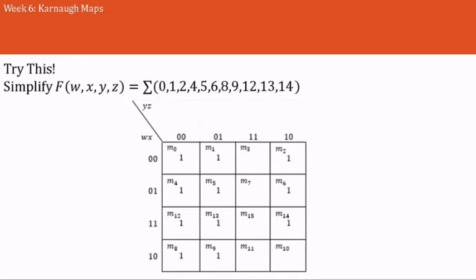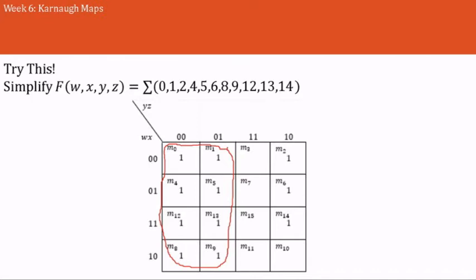Looking at our Karnaugh map, do we have a group of 16? We don't. So next, we look for a group of 8. Do we have a group of 8? Yes. So we can group this one. This is a group of 8.